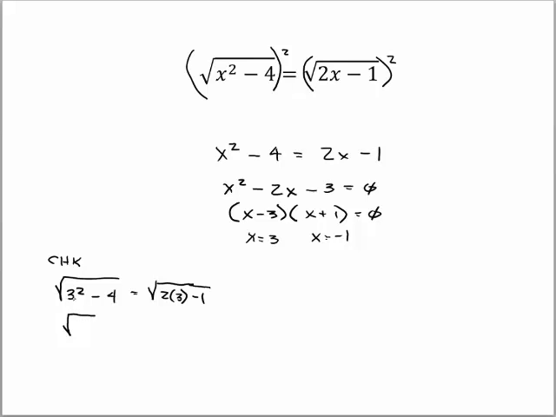So we get the square root of 9 minus 4, which would be radical 5, and 6 minus 1 would also be radical 5. So that's good. So 3 is a good root. Let's see if negative 1 is.